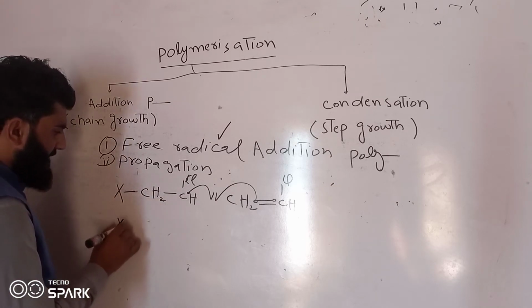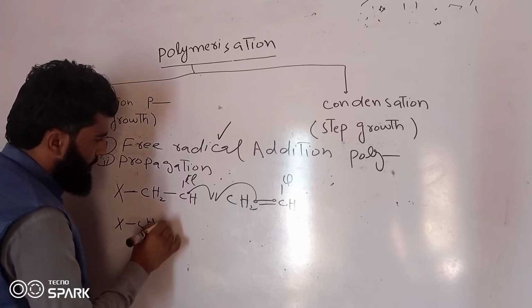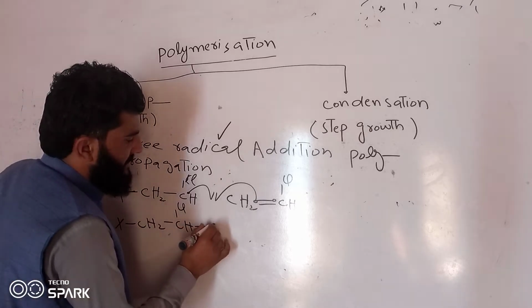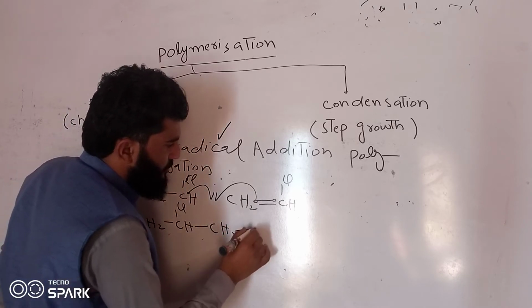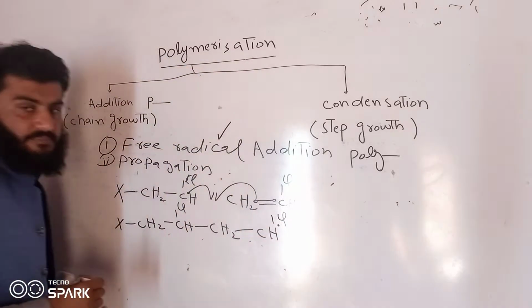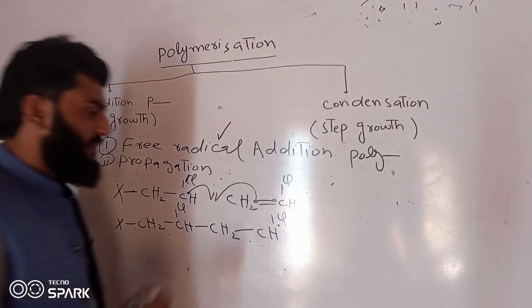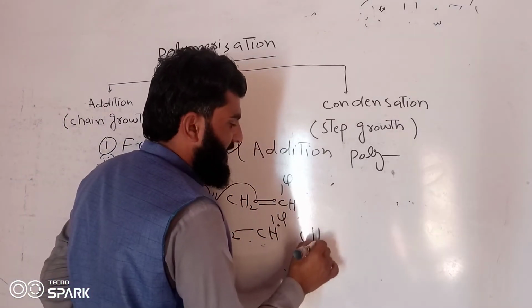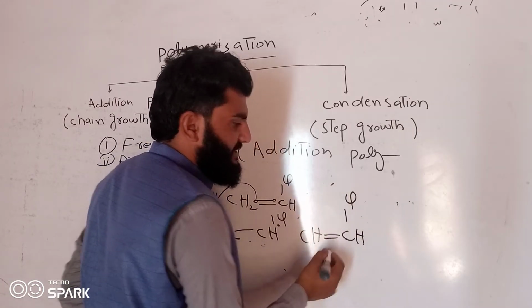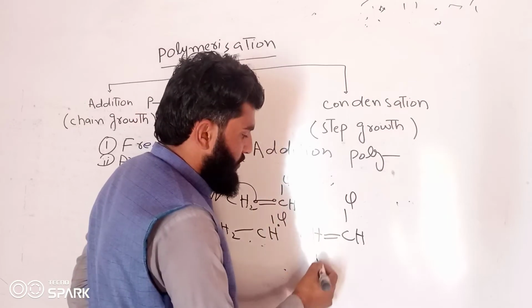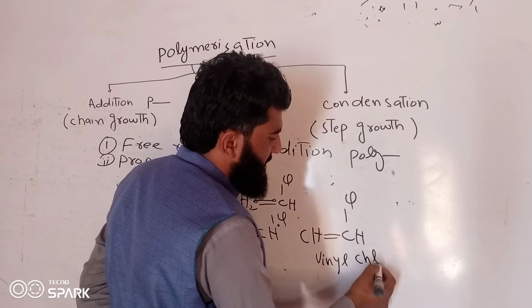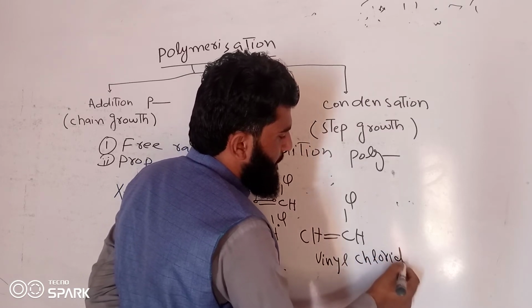X CH2 CHCl single bond CH2 CHCl and a free radical. This free radical will attack again on another monomer, that is vinyl chloride.